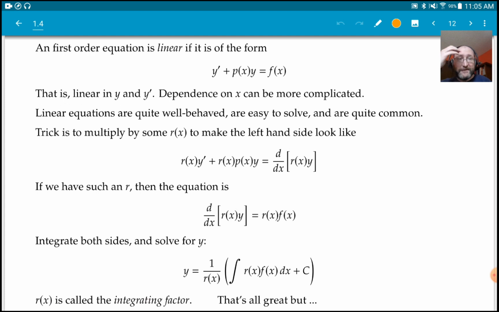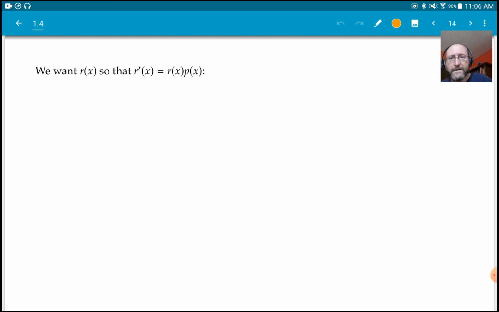Now, you'd say, well, that's all great, but what's r? If we have such an r, that's great and this works, but what's r? What do we want r to be? We want an r such that when we differentiate r, we get back r times p.